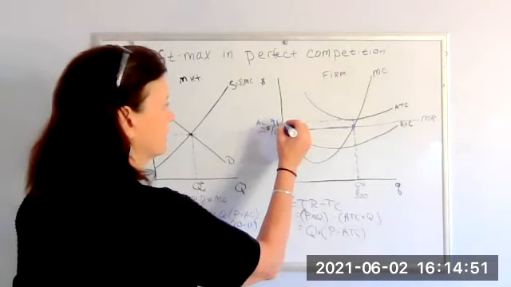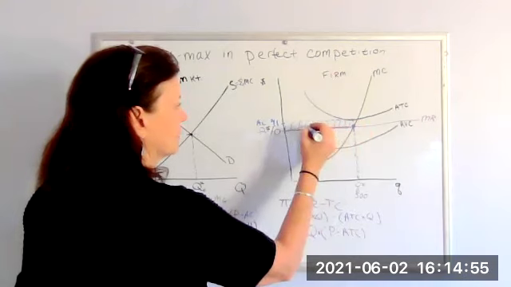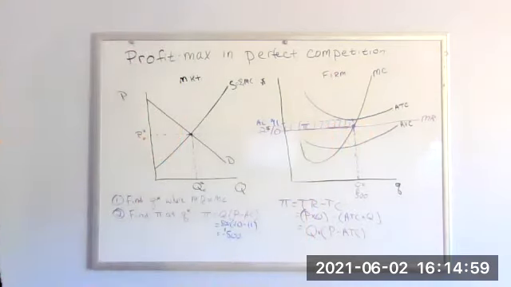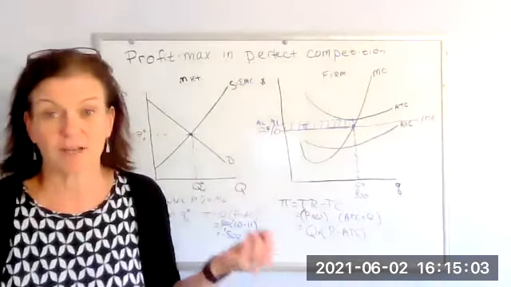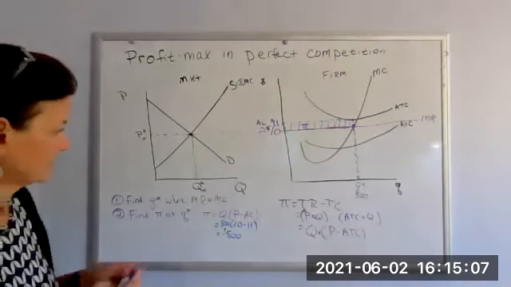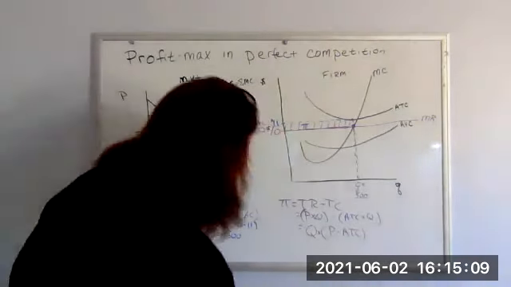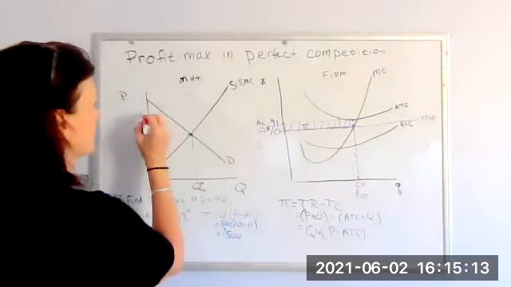My profit is the difference between average cost and price out over all those units. That's my profit rectangle. But you can see if average cost is bigger than price, that profit's going to be negative. I'm losing money.